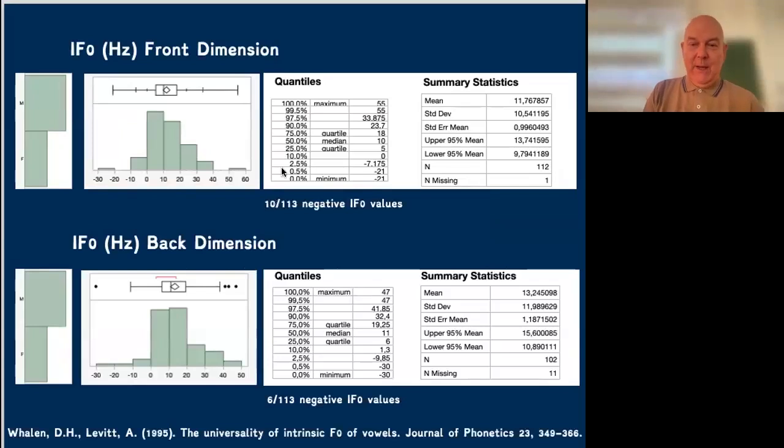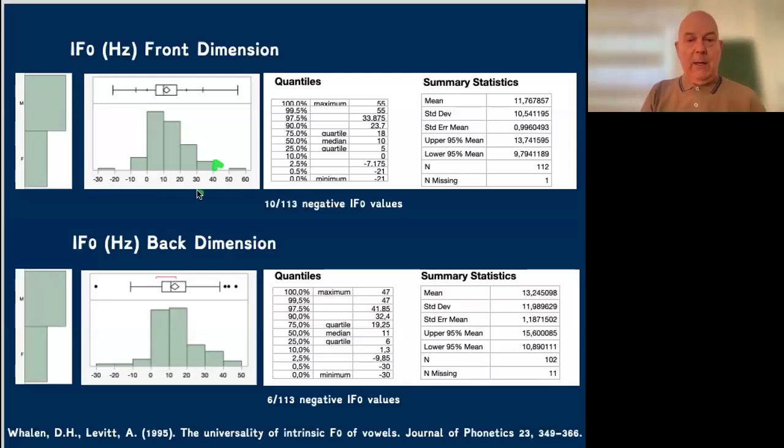That's always nice. In terms of IF0 in the front and back dimension of the vowel space, you can calculate that for front vowels and for back vowels, if a language has those in its inventory.